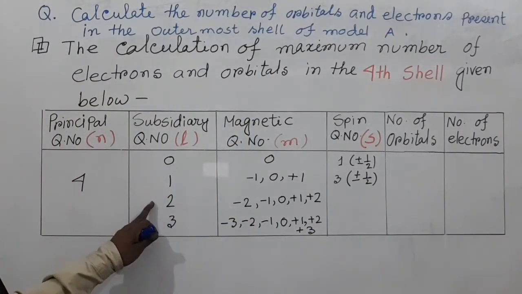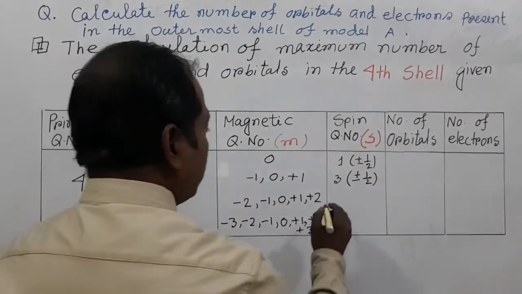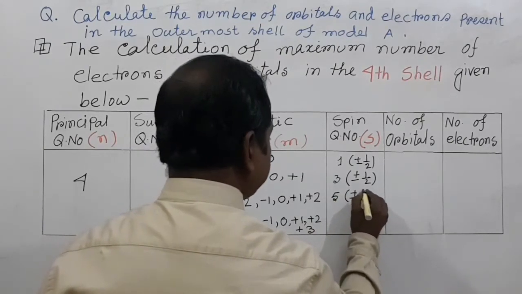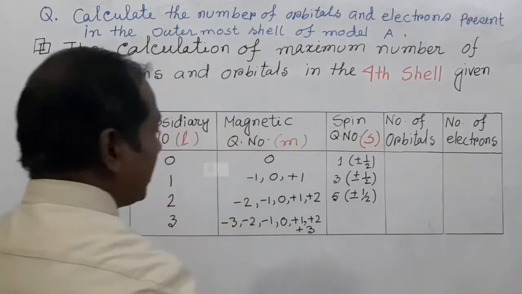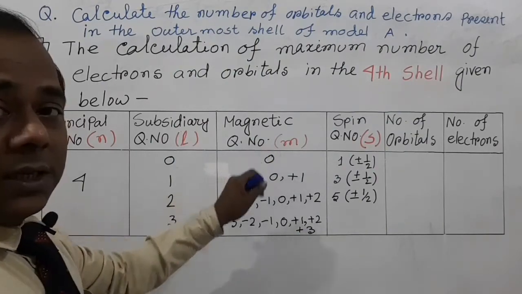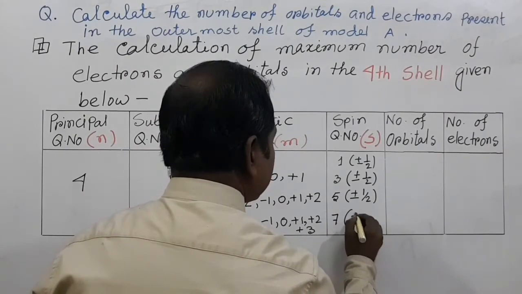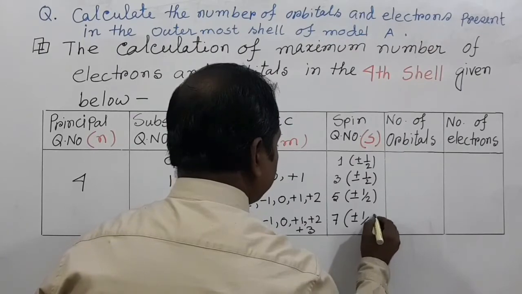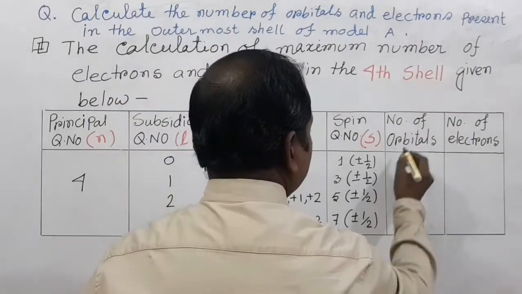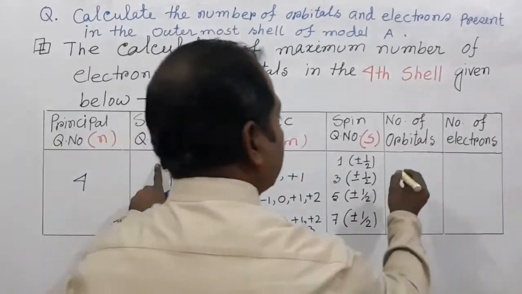When L equals 2, we get 5 values of M, so here 5 into plus minus half. And when L equals 3, we get 7 values of M, so the spin quantum number is 7 into plus minus half.